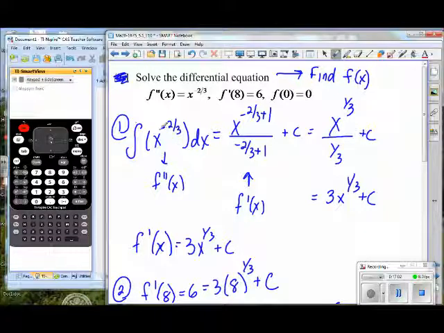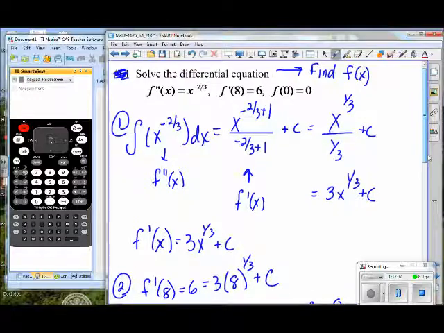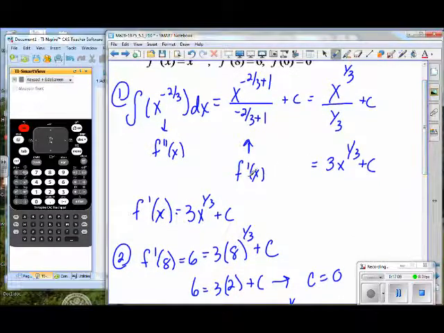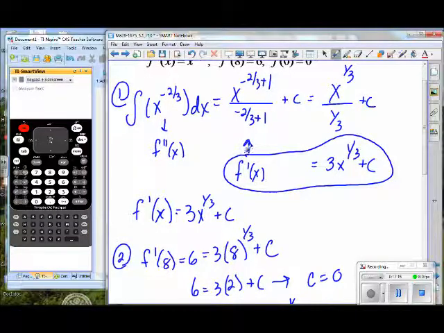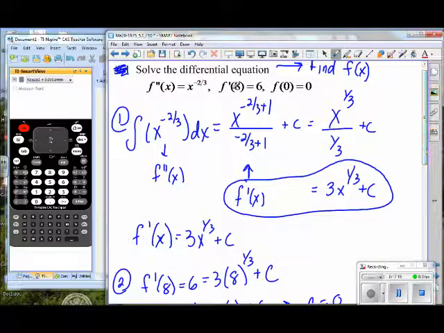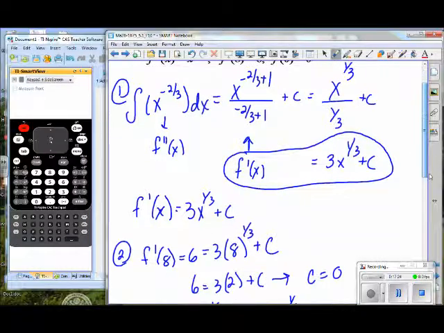So we're going to first take the integral of the second derivative. We go through the same process we went through before, and we come up with the first derivative equals 3x to the 1/3 power plus c. Now we're given some information about the first derivative. When the input is 8, the output is 6.